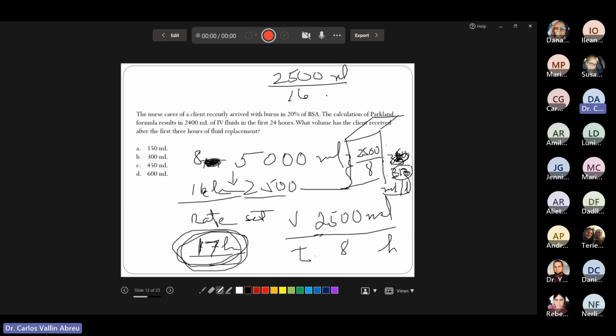In 16 hours. So when you divide 2,500 divided by 16, you have 156 milliliters per hour.